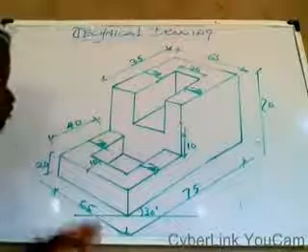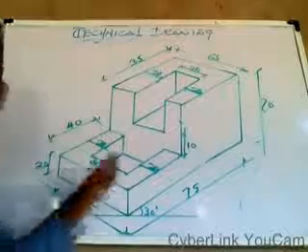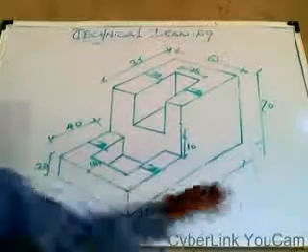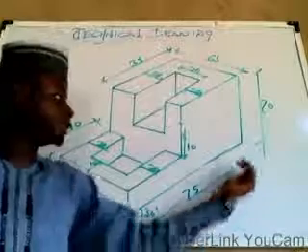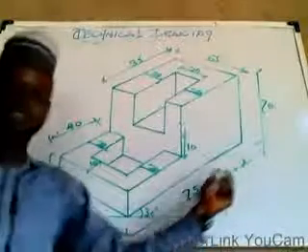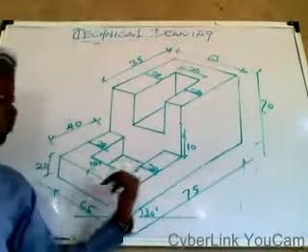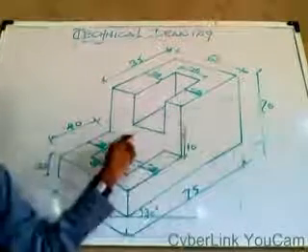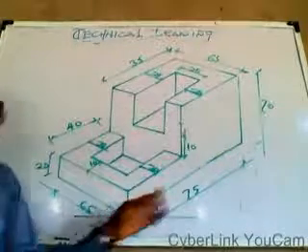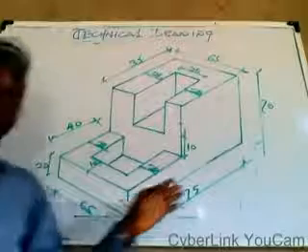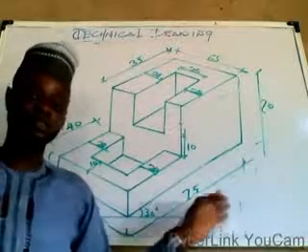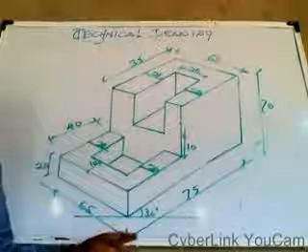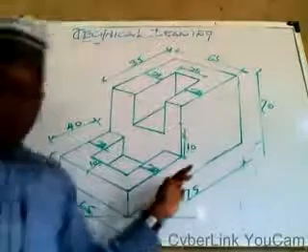After the boldness of the drawing, you now dimension them with faint lines. These dimensioning lines must not be competing with your drawing, and you must leave enough space to the drawing. Don't let your dimensioning be too close to the drawing, so that the drawing will look neat and very good to mark. So that is where we are going to stop today, inshallah.